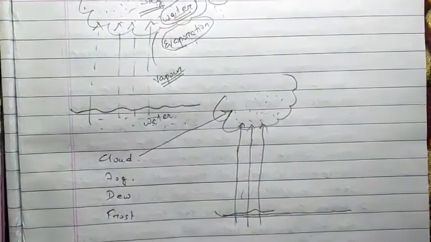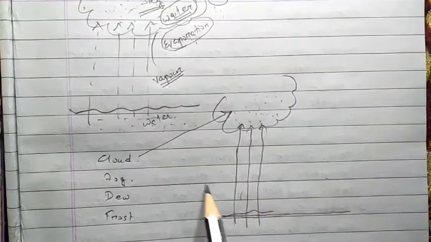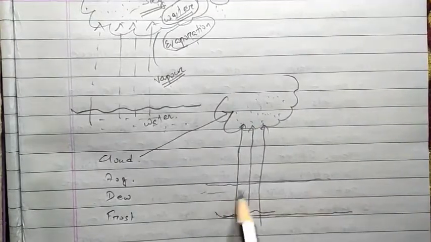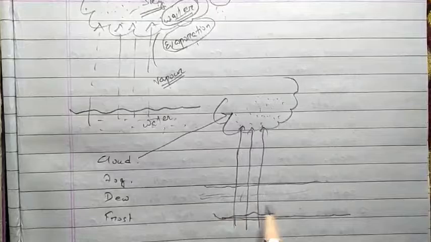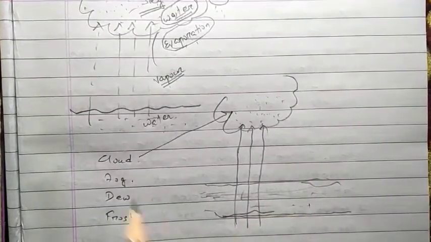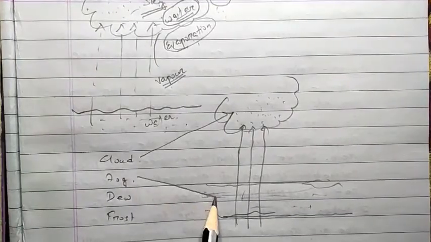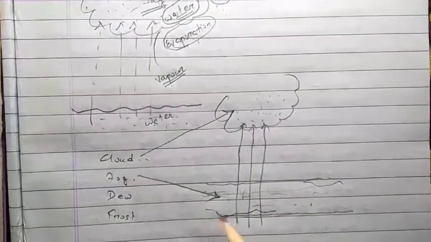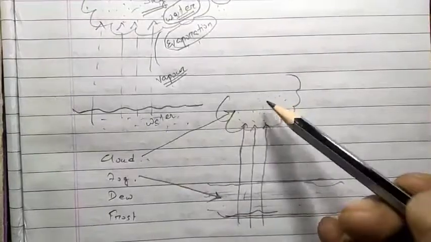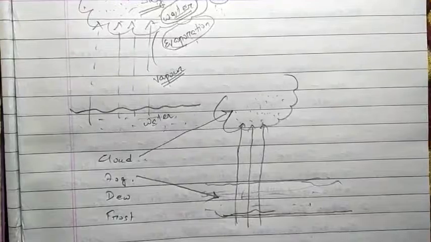And sometimes, because of this change in temperature, the same thing happens near the earth's surface, not at the upper layer but at the lower layer of the atmosphere, generally in the winter season. This is known as fog. The formation of cloud and fog is the same, just cloud is formed in the upper layer of the atmosphere and fog is formed at the lower layer of the atmosphere.